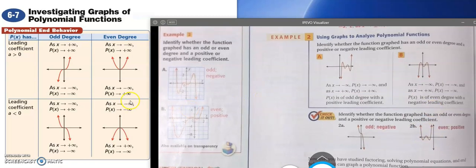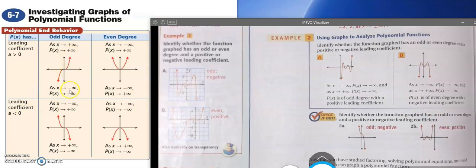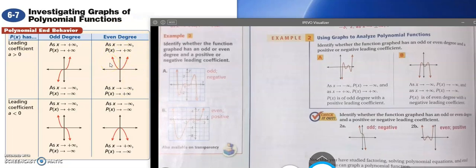So I'm looking for positive, positive. I have positive, negative, positive, negative, negative, negative, and here's positive, positive here. Remember, this one here should be positive, guys. So as x increases, y increases. As x decreases, y increases. So therefore, I have an even degree, and my leading coefficient is positive.